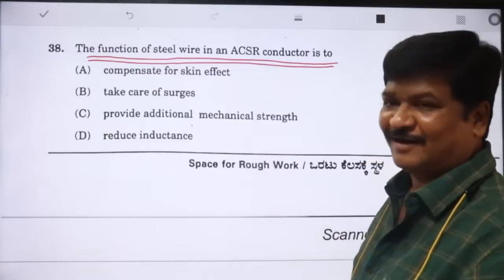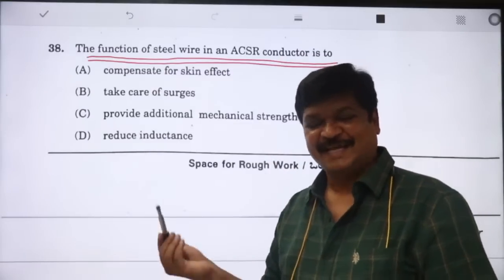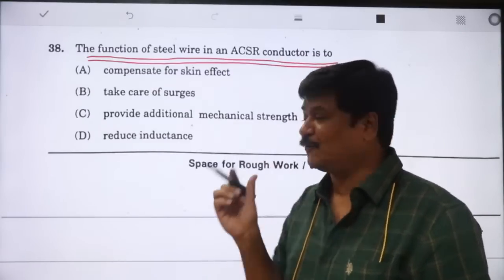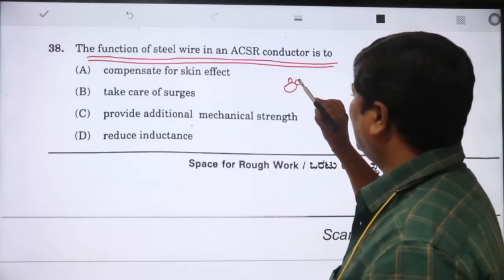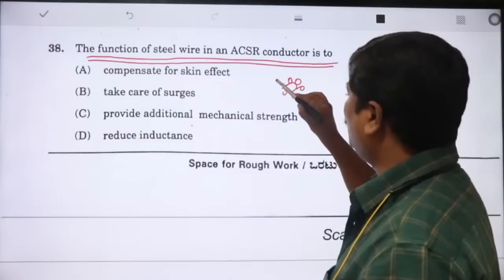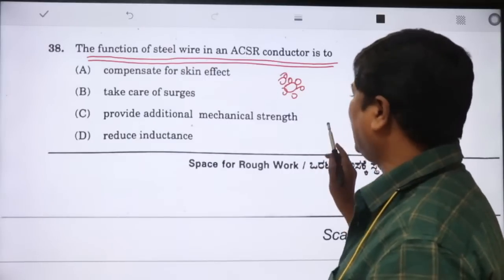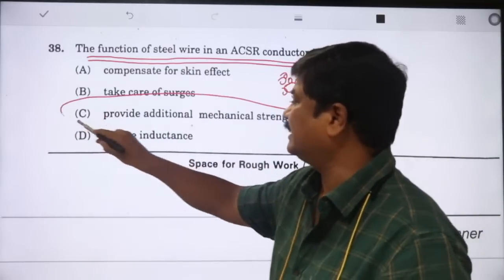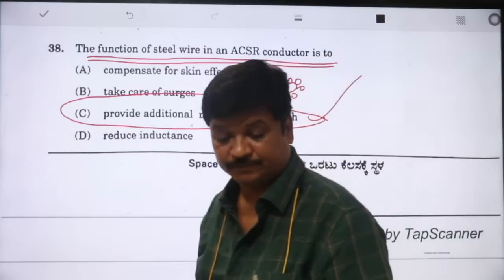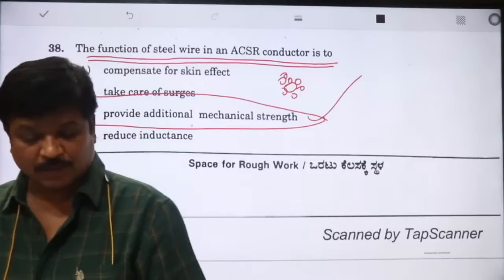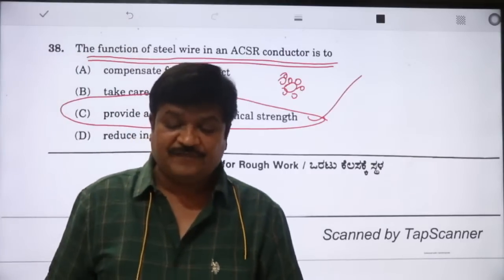I think not only SAIMEDHA students, everybody may write this answer, because in an ACSR conductor, the center conductor is steel and the outer layers are aluminum. Steel is used for mechanical strength, to provide additional mechanical strength. No, it is not difficult.